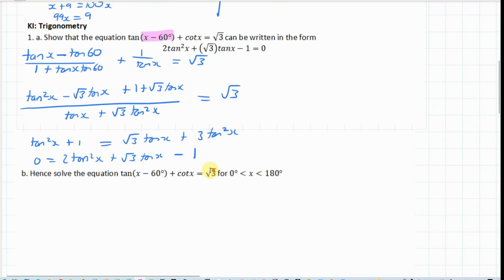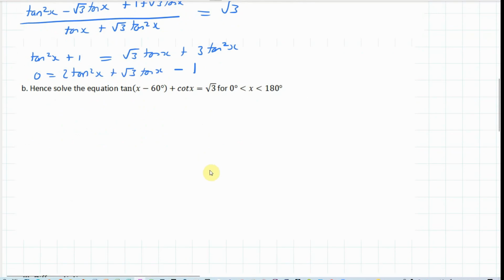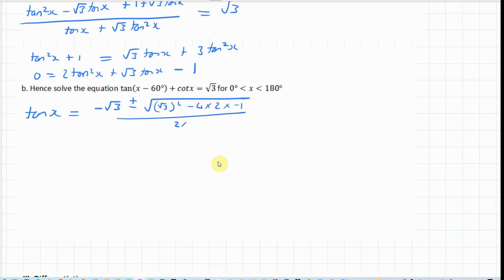And hence I'm going to use this formula to solve the equation between 0 and 180. So tan x equals minus b, so minus square root 3 plus or minus the square root of square root 3 all squared minus 4 times 2 times negative 1, all over 2 times 2.